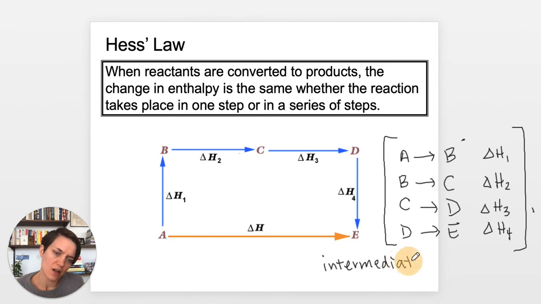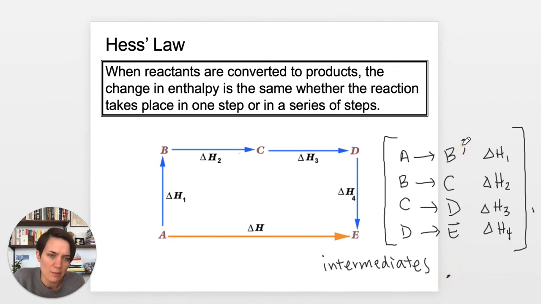These are chemical species that are created in a chemical reaction, but then they're also consumed in that same chemical reaction. So they're not a reactant or a product, but they are a species that is present at a snapshot in time as this chemical reaction is moving towards completion.